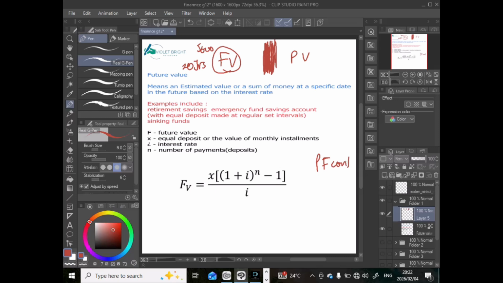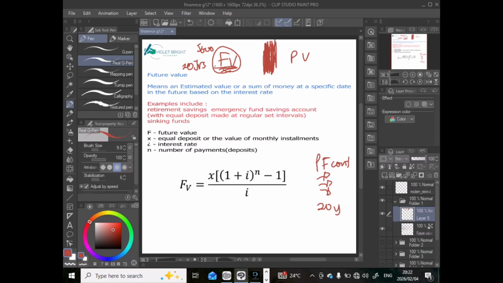So this contribution is more or less like a future value. You'll be saving, depositing money each and every month, let's say for 20 years or 10 years. Then after that, when you retire, you will get a lump sum of money. So that is what you will be doing under future value. It's everything but the future.